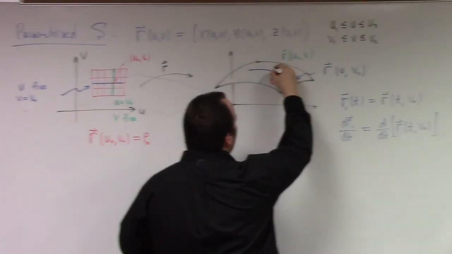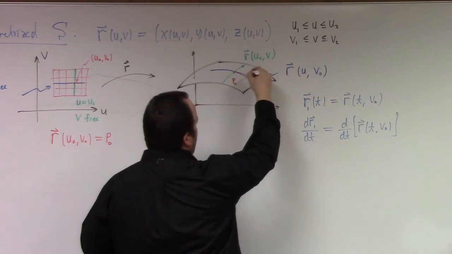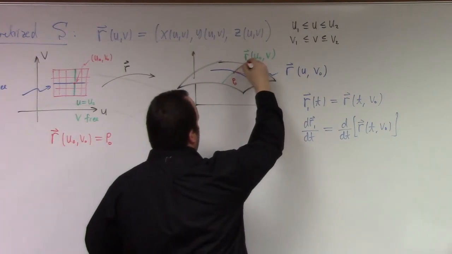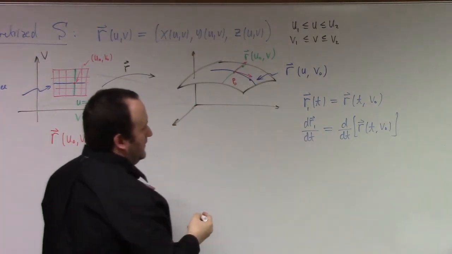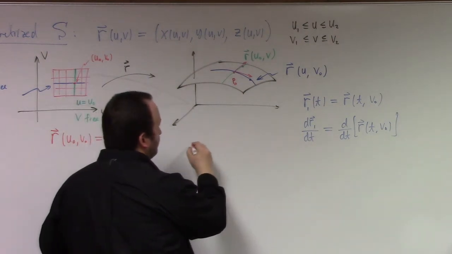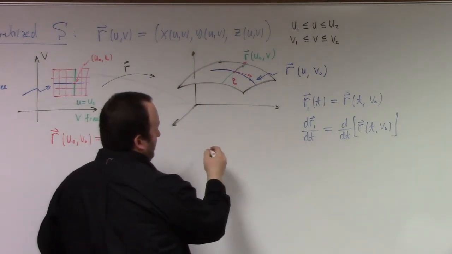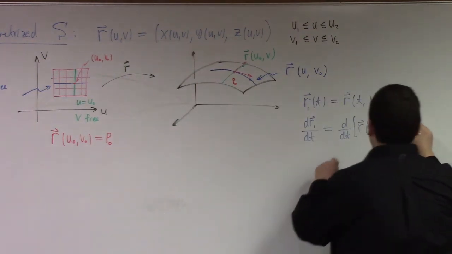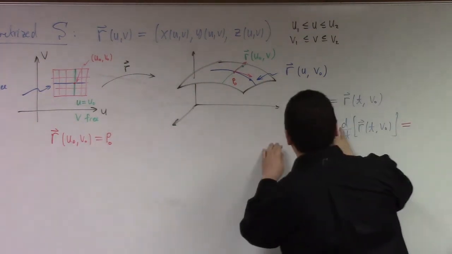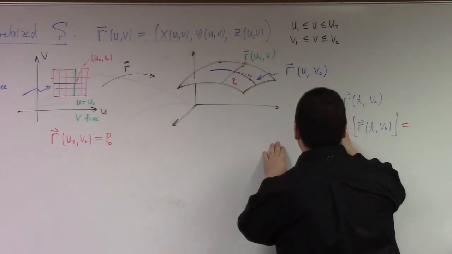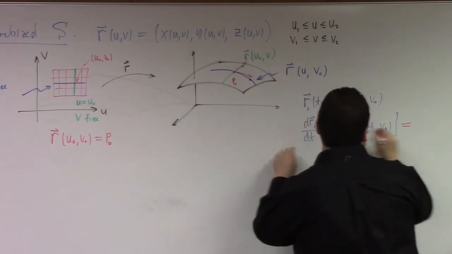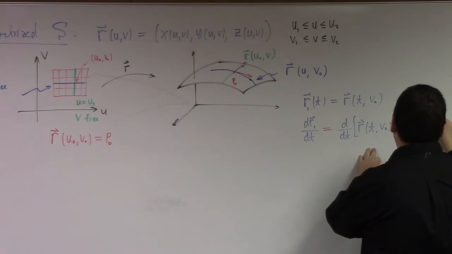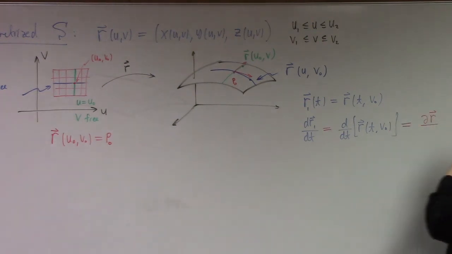So anyway, we can calculate this tangent vector, and we can also calculate that tangent vector. So what is this? This is nothing more than partial r, partial what?